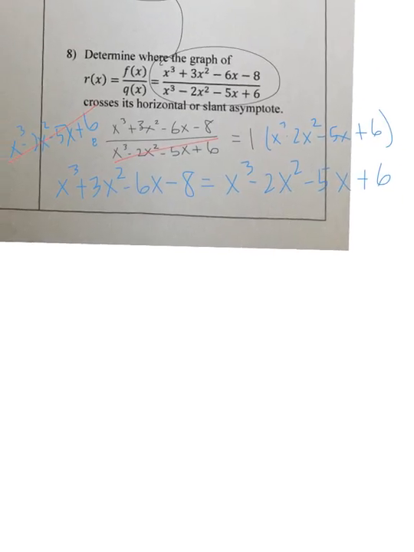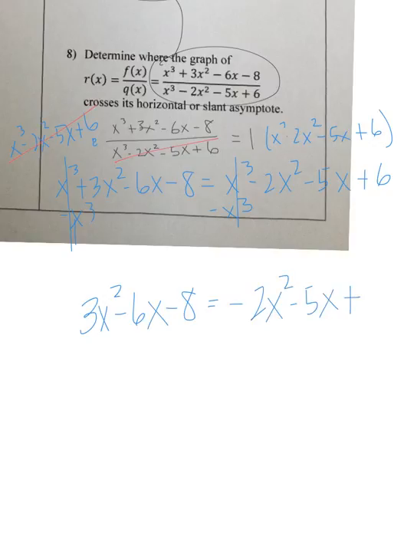And as we try and solve that equation, one nice thing is that the x to the third terms are going to cancel out. So we're left with 3x squared minus 6x minus 8 and negative 2x squared minus 5x plus 6 on the right hand side.